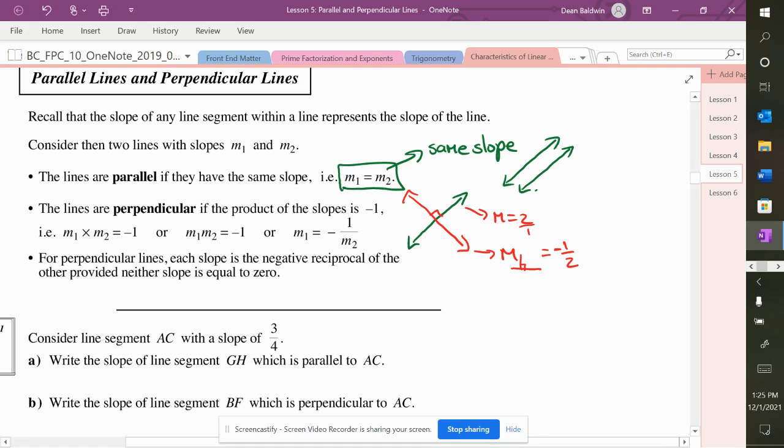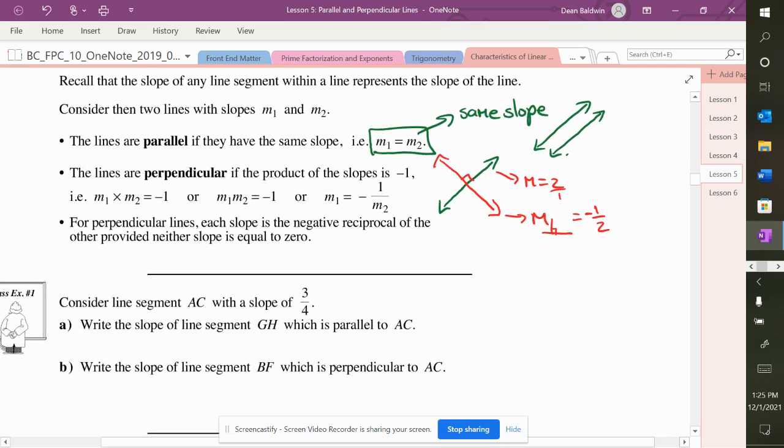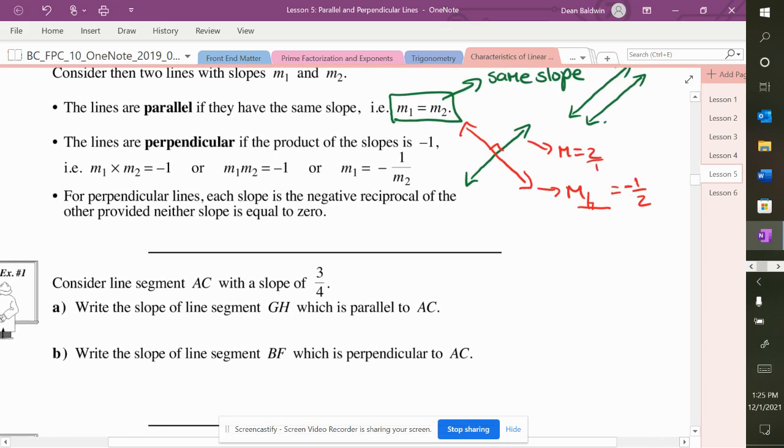So let's do, we'll just do this one here. So we have line segment AC that has a slope of 3/4. Slope GH is parallel. What does that mean? If two lines are parallel, what are their slopes?